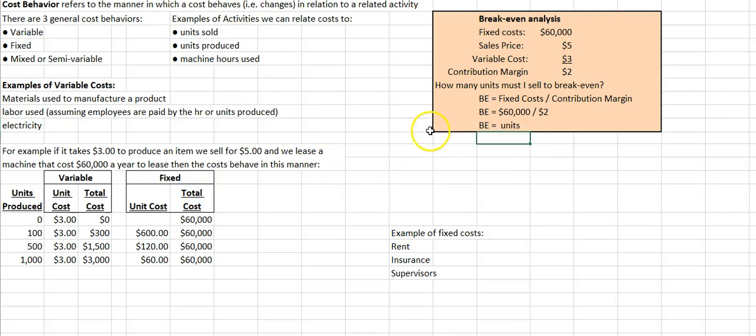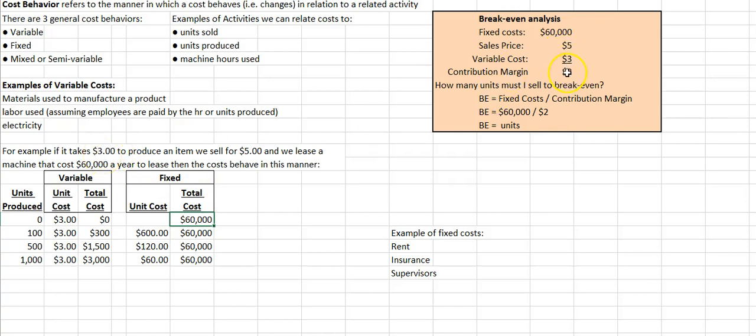Okay, so break-even analysis requires understanding your fixed costs and your variable costs. I know that my fixed cost is $60,000 here, right? If I sell an item for $5, it does not mean that I get $5 for every item that I sell on a net basis. Why? Because it cost me $3 to produce that item, right?